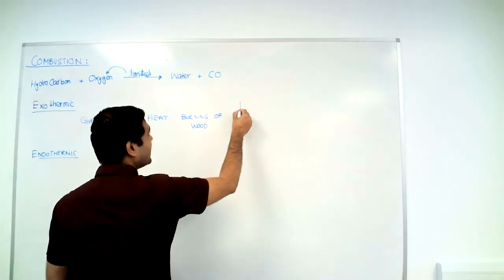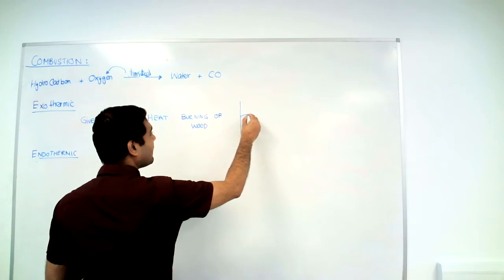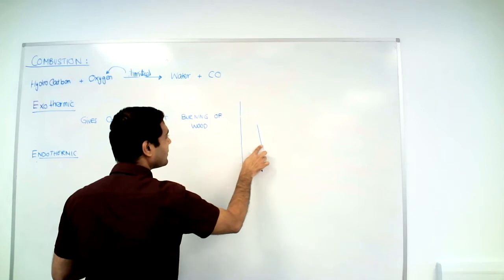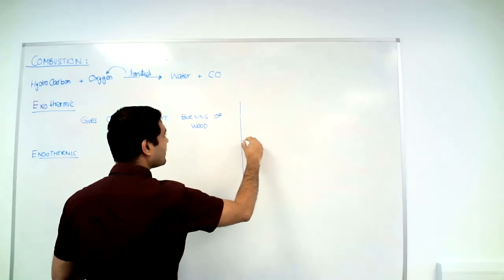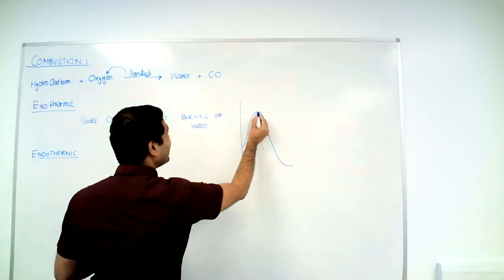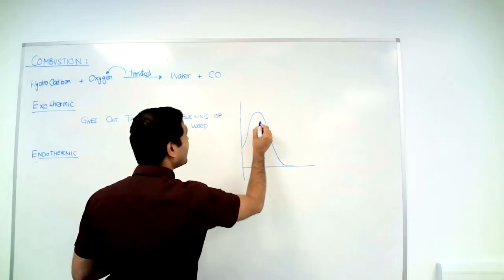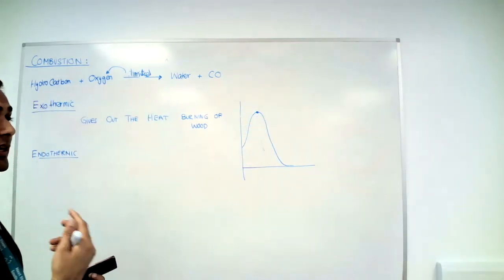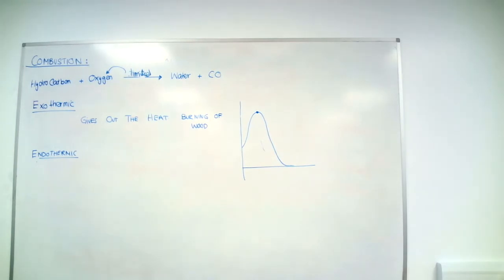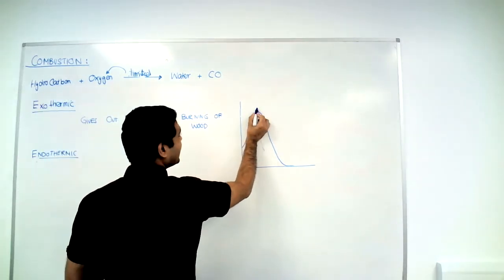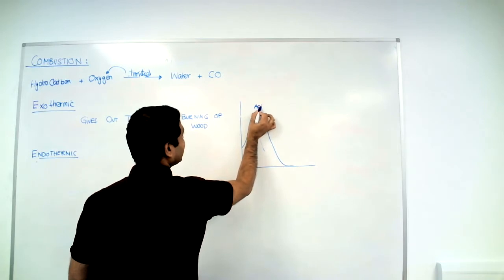When you burn the wood, this is what happens. The wood is not going to burn straight away. You have to give it some energy, and this amount of energy is called the activation energy.